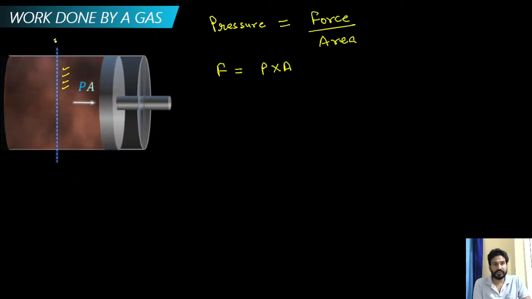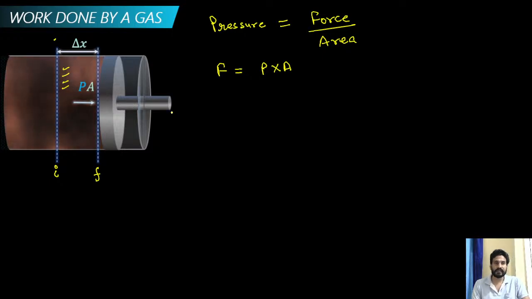This is my initial position and this is my final position. How much this force moved the piston, let's suppose it is delta x, or dx, whatever you want. Is it clear to you?